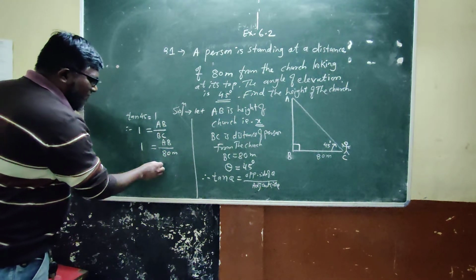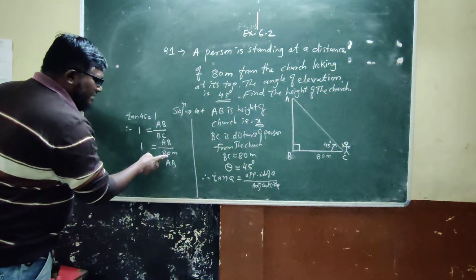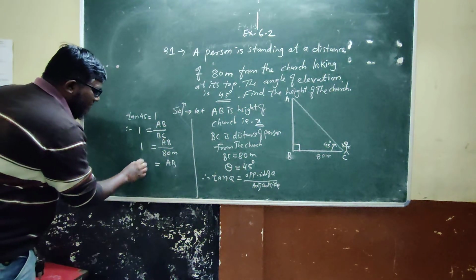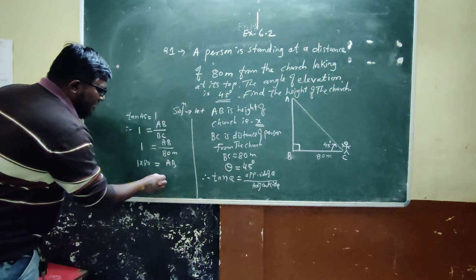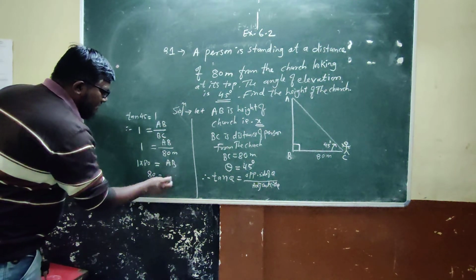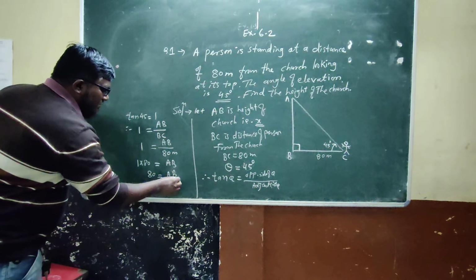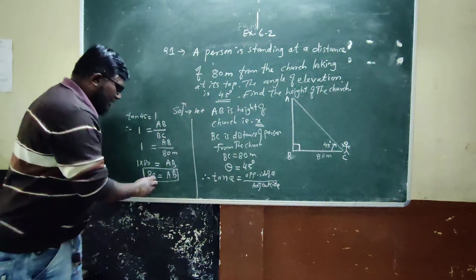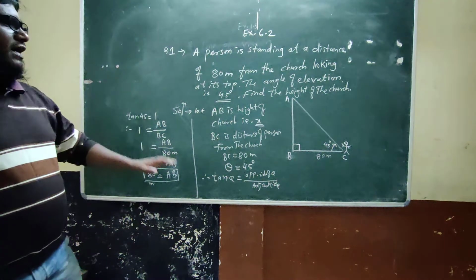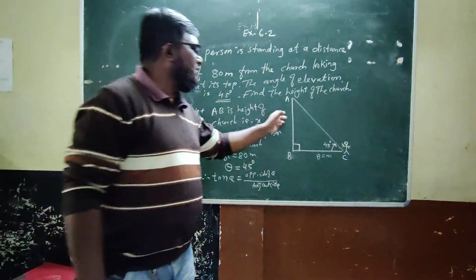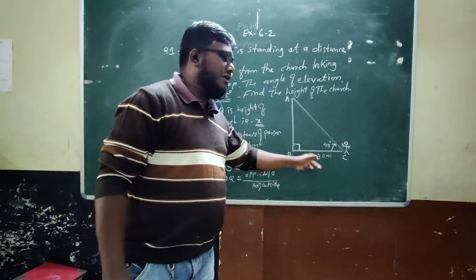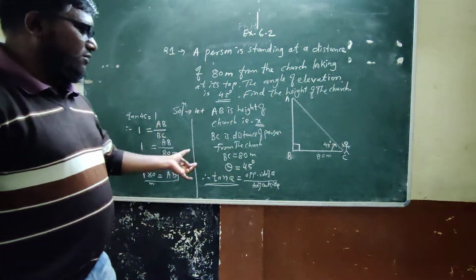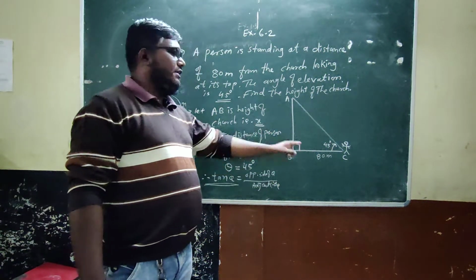Now we have to find AB, so we keep AB as it is. The 80 in the denominator will go to the other side and multiply with 1, that is 1 into 80, which becomes 80 meters. Therefore the height of the church is 80 meters. Everyone has to understand, when the opposite side is asked and the adjacent side is given, we take the formula of tan theta, that is opposite side of theta upon adjacent side.